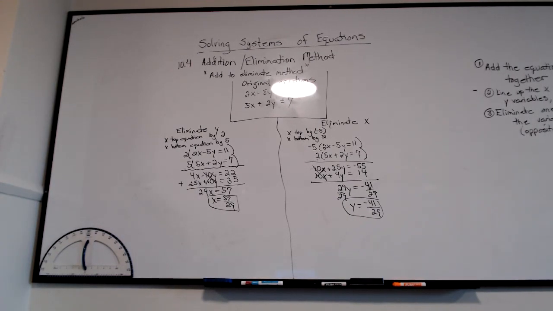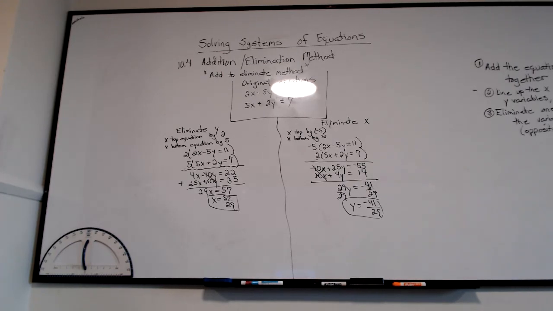You would never know that it's 57/29, which is almost 2, 1 and 28/29. The other one would be negative 1 and 12/29.